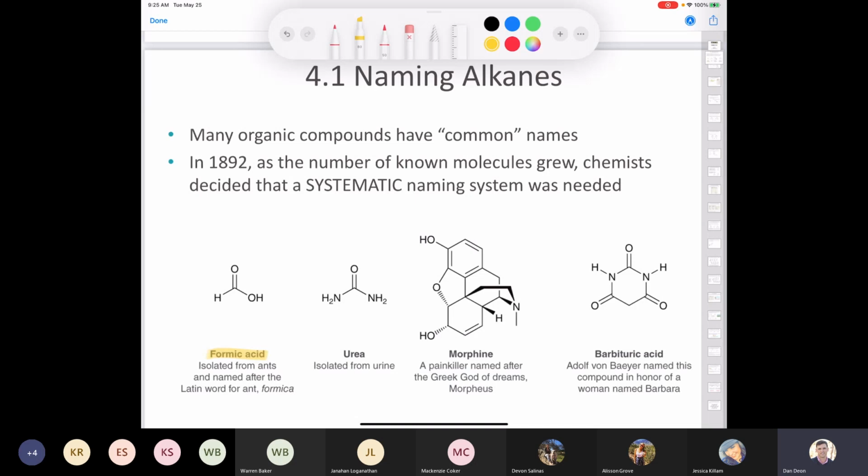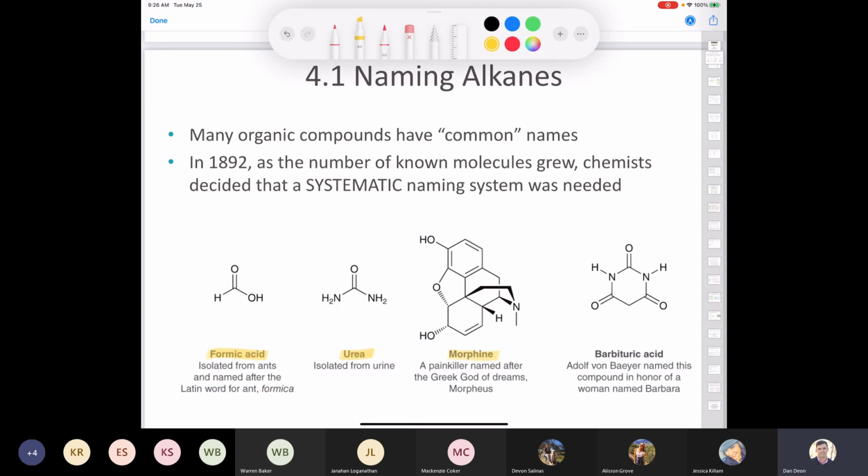Urea, for example, you can probably guess where urea comes from. I told you it was the first organic compound ever synthesized from non-organic or inorganic starting materials. It comes from urine. Morphine, I'm sure that you've all heard of morphine. Morphine is a very powerful painkiller, but it's named after the god of dreams, Morpheus.